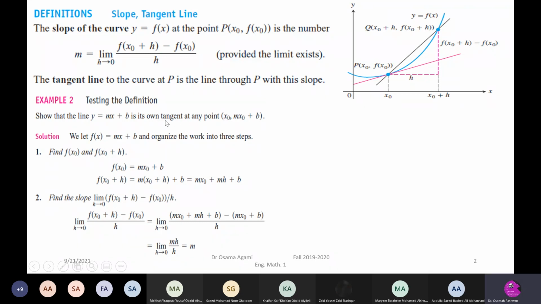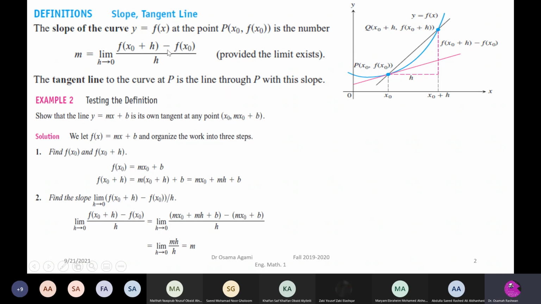To find the line, you need the slope and the y-intercept, or any point to get the y-intercept. So let this be the function. Now we find the function at x naught, so we substitute x by x naught, and we find the value of the function at x naught plus h, so you replace x by x naught plus h.